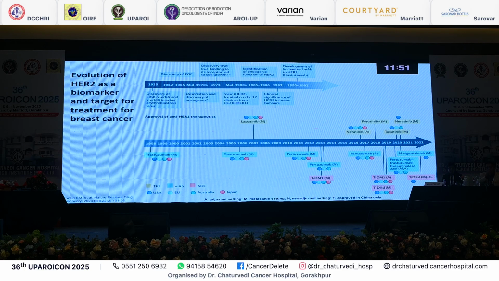Pertuzumab and other drugs have been around for the last 10 to 15 years. Now they have shown the benefit after 5-6 years of follow up, how they have actually changed survival in the curative and palliative settings, like the neoadjuvant setting, adjuvant setting, and metastatic setting. Everywhere this HER2 blockade has created benefit. Trastuzumab has not become obsolete, it is there, but with pertuzumab and other drugs they have added benefit.